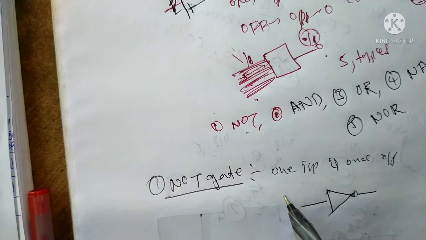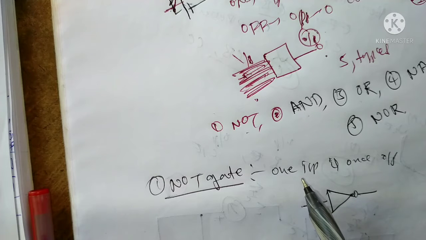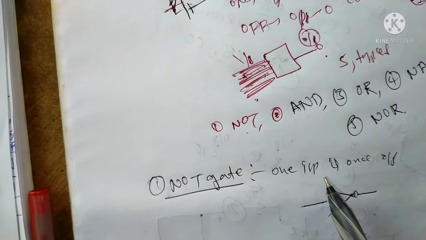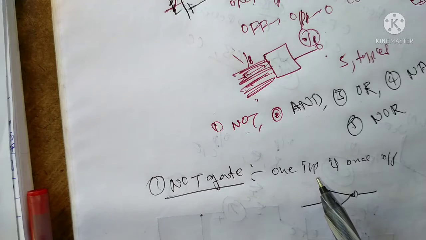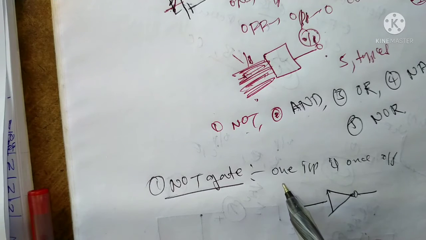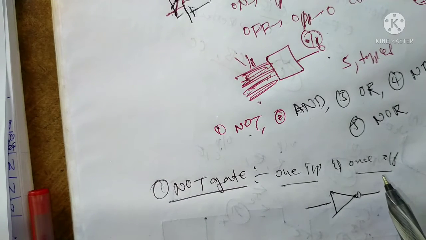This type of gate is called a NOT gate. It is the basic gate with one input and one output.